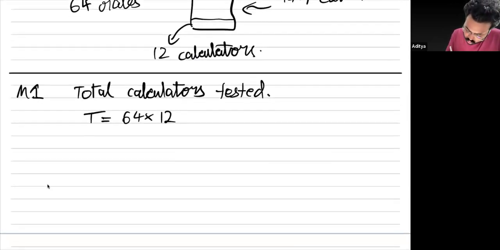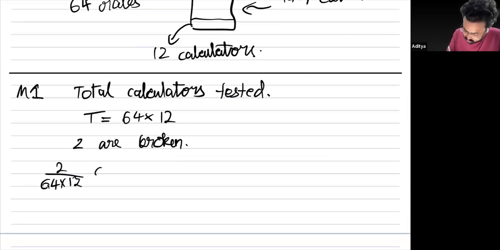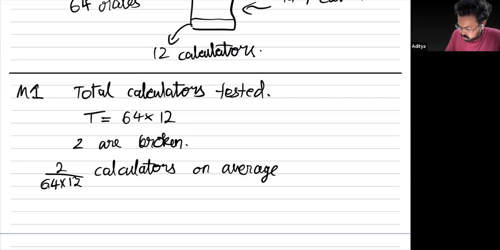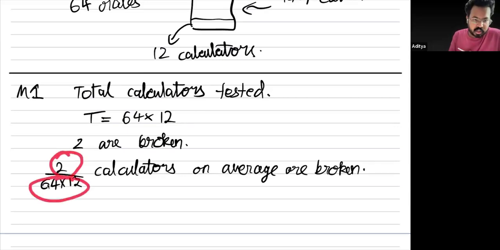Out of this, 2 are broken. So we can say that 2 out of 64 times 12 calculators on average are broken.